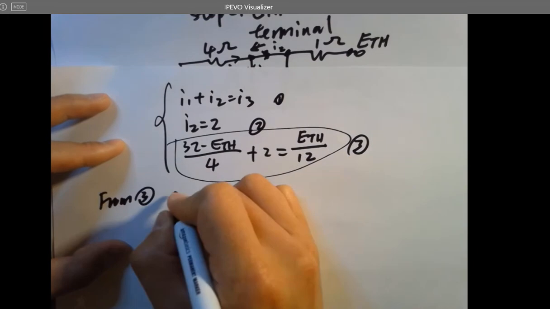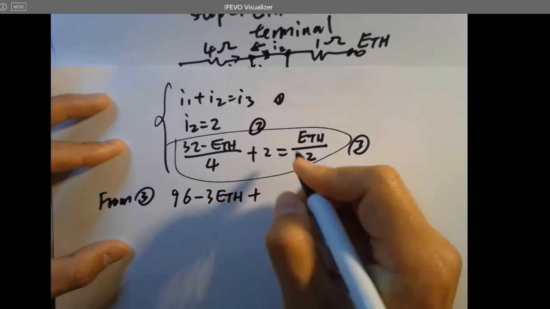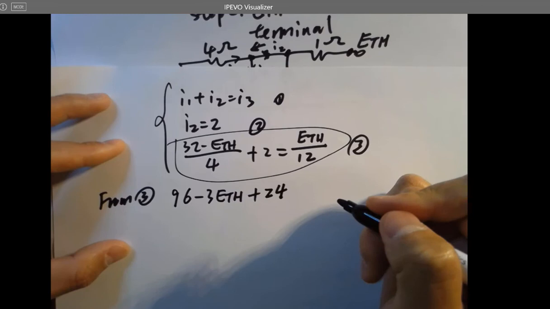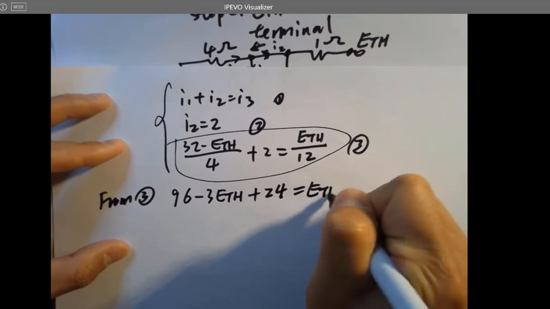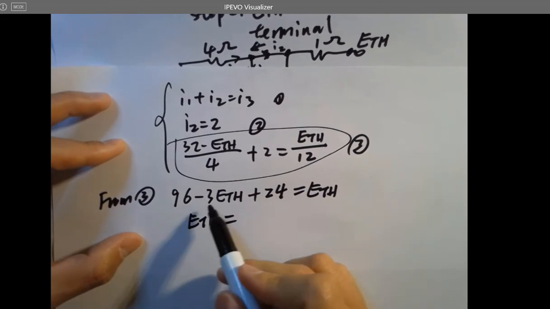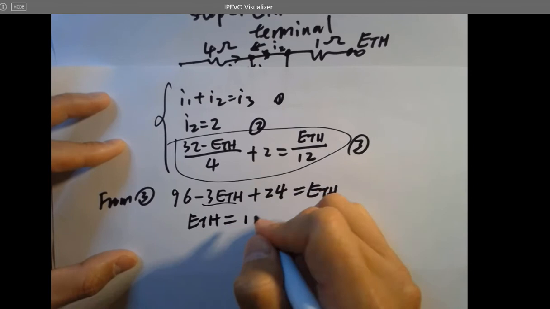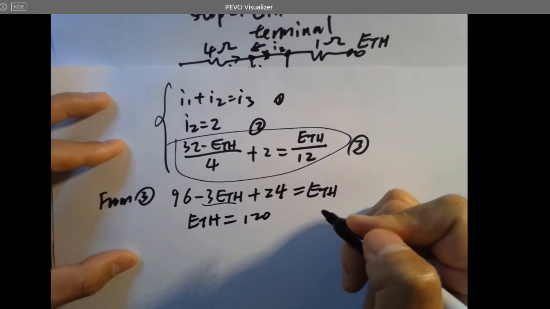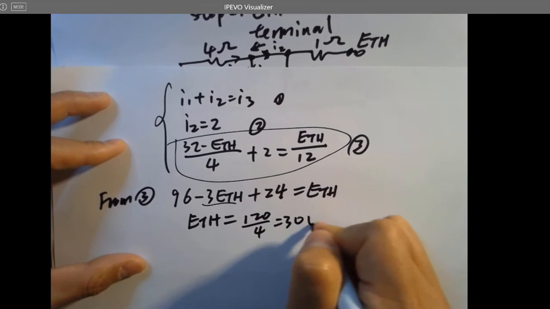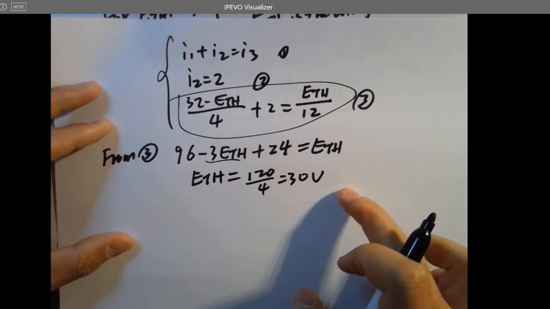You're getting 96 minus 3 ETH plus 24 equals ETH. So eventually ETH equals, moving terms over, 120 divided by 4, which is 30 volts. And so you get ETH from here.